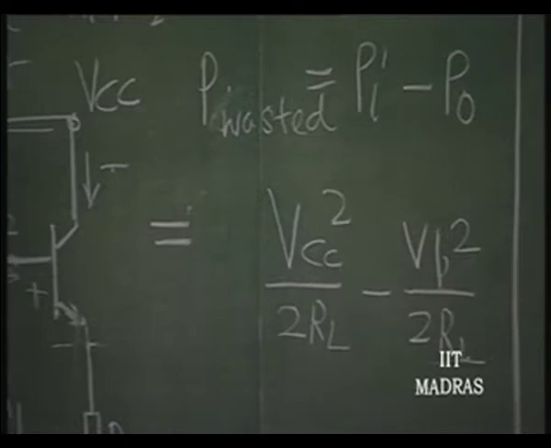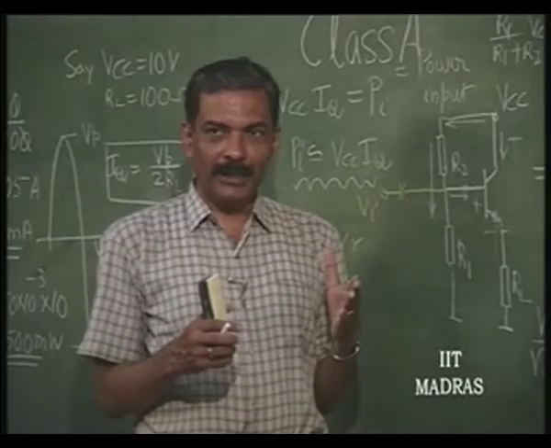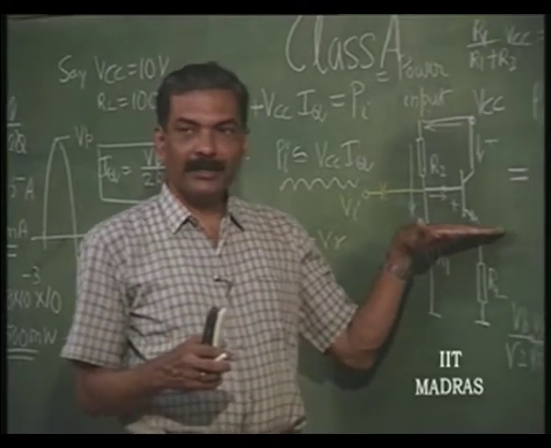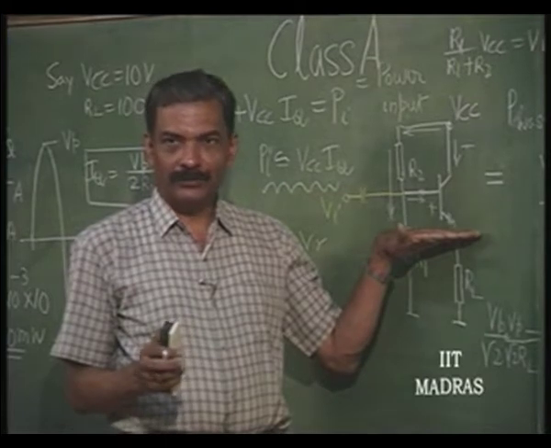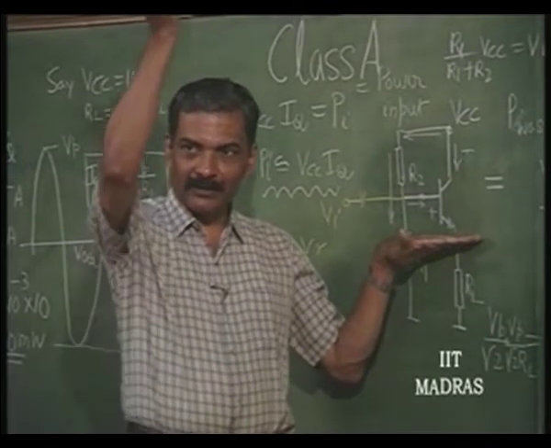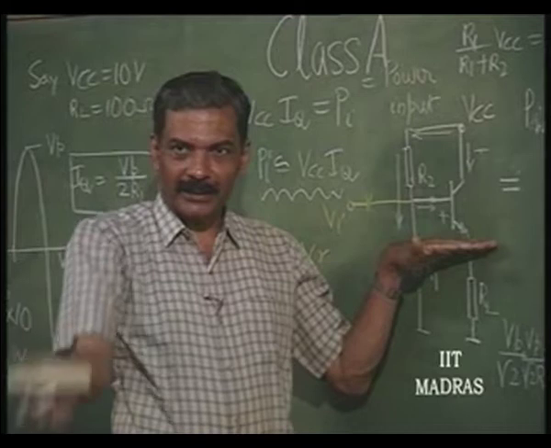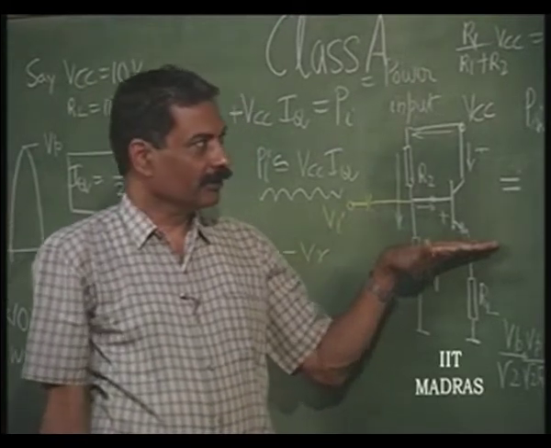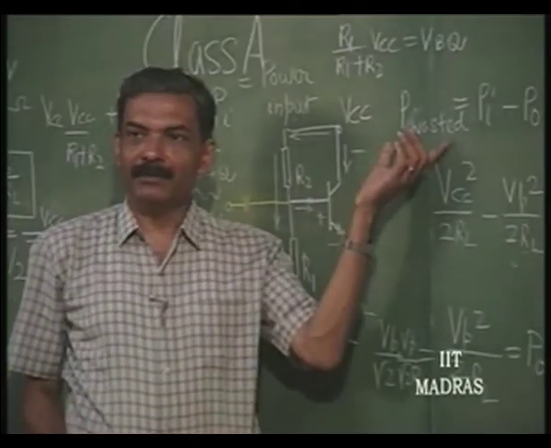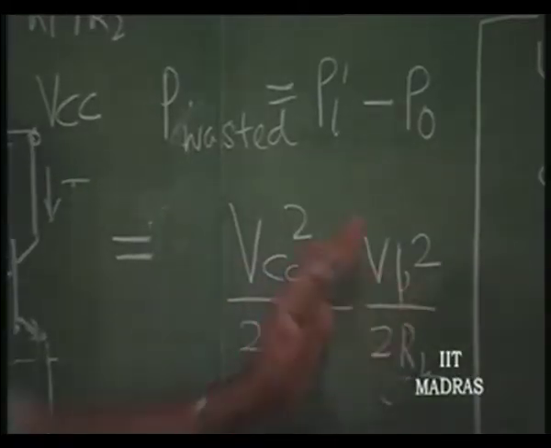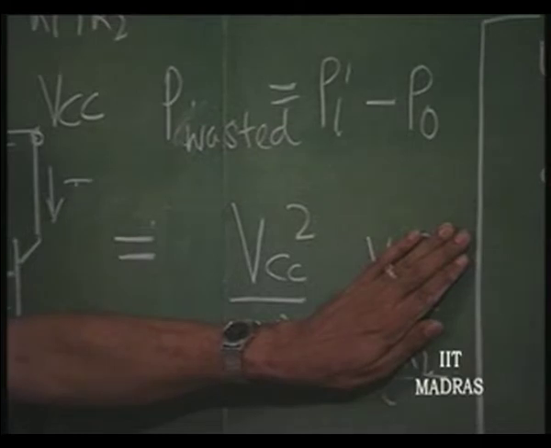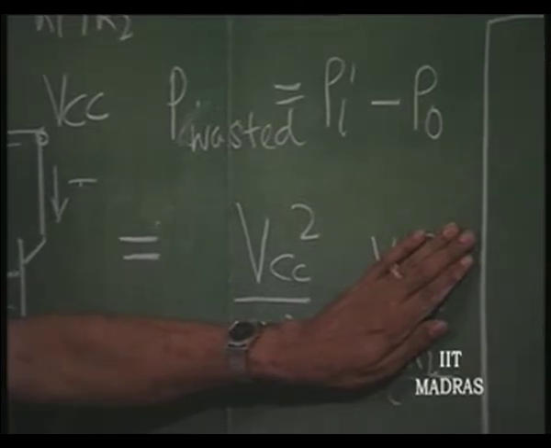And what is the value of Vp? Vp at which you get maximum output power is going to be VCC divided by 2. So, power wasted is minimum only when this is maximum. Otherwise, power wasted is fully the power inputted when the signal is not there.